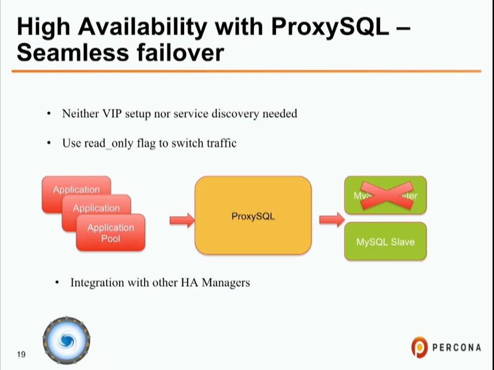Because ProxySQL is completely configurable at runtime, you can also have orchestrator tell the proxy, okay, forget about these servers, now this is the new one. Or you can have just ProxySQL detect this. Why this feature? It is useful if you have a lot of proxies and MHA or orchestrator does not know the whole list of proxies. Otherwise, if you are sure that orchestrator can communicate to all the proxies, you can just broadcast this message, configure all the proxies, and they will all know that there is a new server.